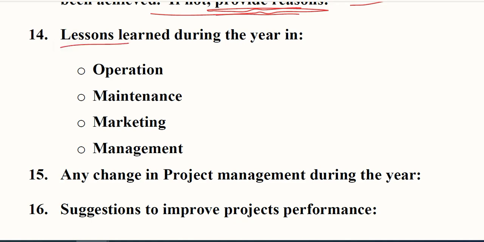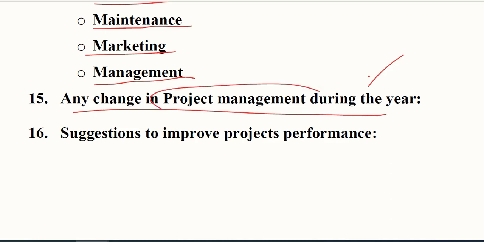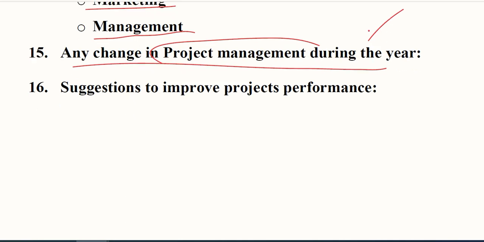Talking about lessons, in this 14th point we will note down the lessons learned in the operation phase, in the maintenance process, in the marketing process, and in the management of the project. Any changes in the project management during the year, because if project management changes, the whole project can be affected for its benefits and the cost, because management is crucial.